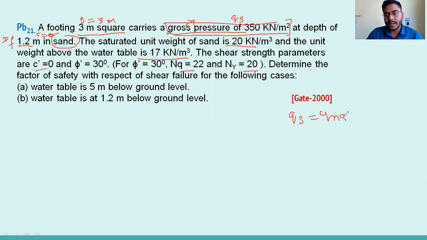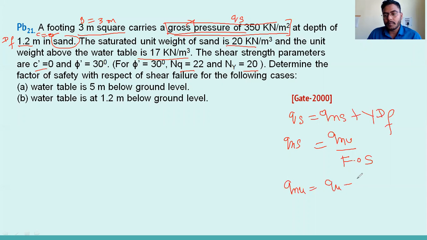QS is equal to QNS plus gamma DF, where QNS is the net safe bearing capacity and this is the overburden pressure. And QNS is QNU divided by factor of safety. And what is QNU? That is QU minus gamma DF, which we can calculate using the bearing capacity.